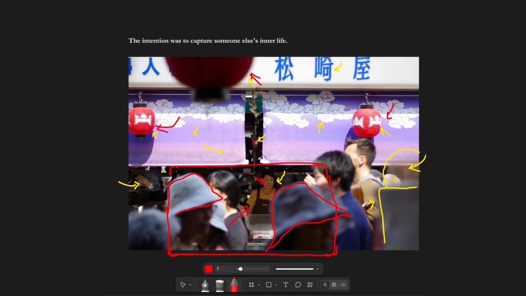There are different ways to capture chaos in a manner that is not distracting from the main subject. So in general, the subject will take precedence in comparison to all the other elements.